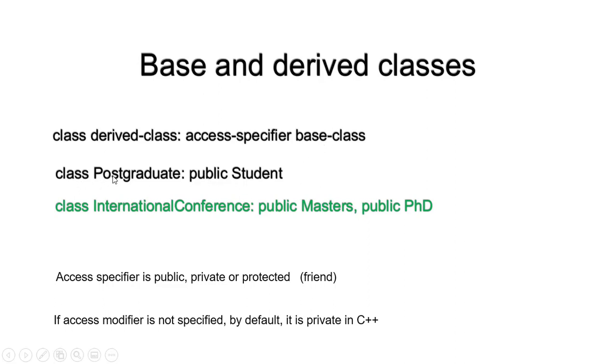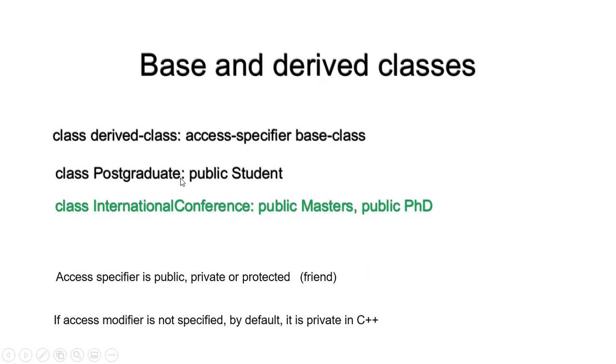We say here class postgraduate, then public student. What that means is the postgraduate class is inheriting from the student class, which is a public class. We are defining the postgraduate class here, and at the same time saying that it is going to inherit from this class. So the student class is the base class, while the postgraduate class is the derived class.